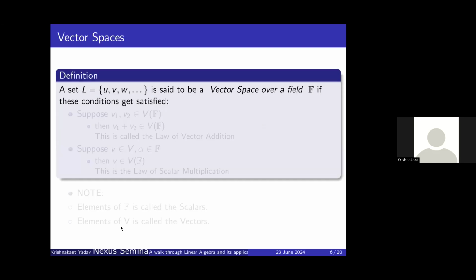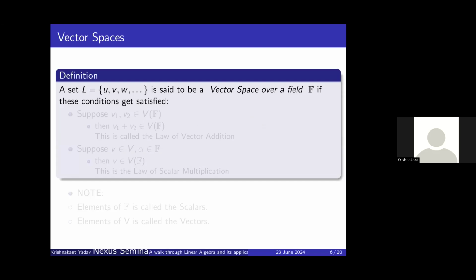Let me introduce the vector space. If we consider any set consisting of elements u, v, and w, let V be a nonempty set and F be a field.